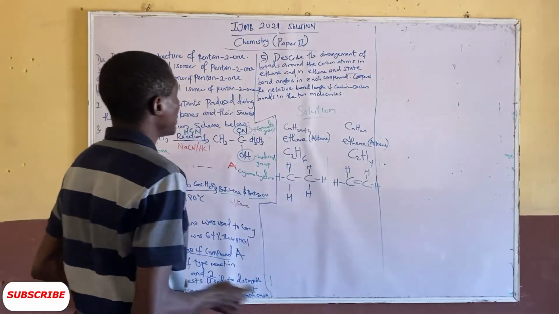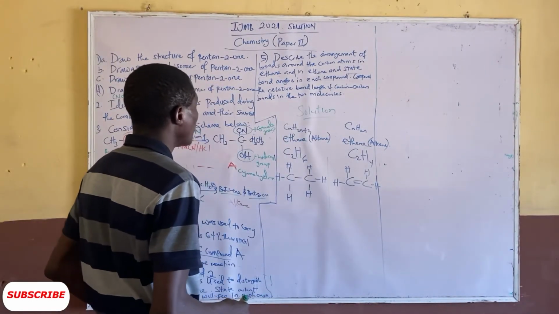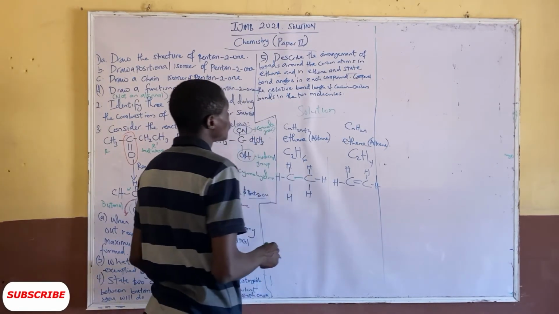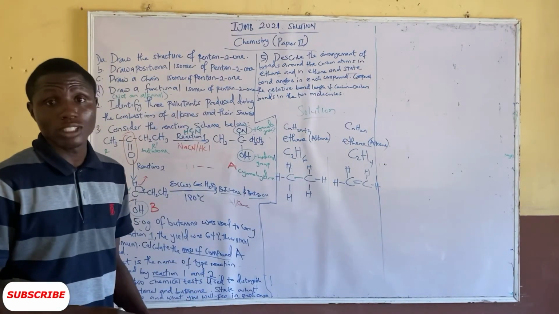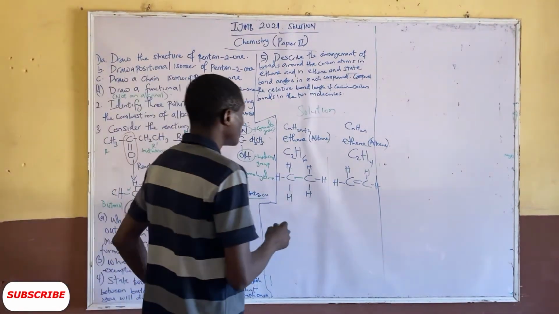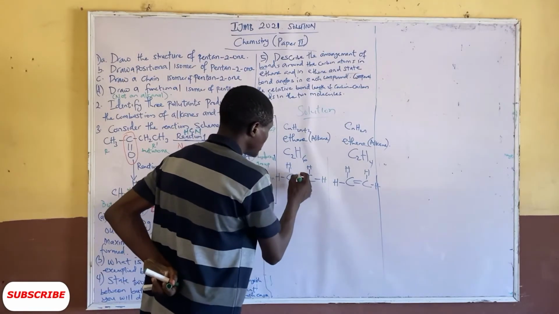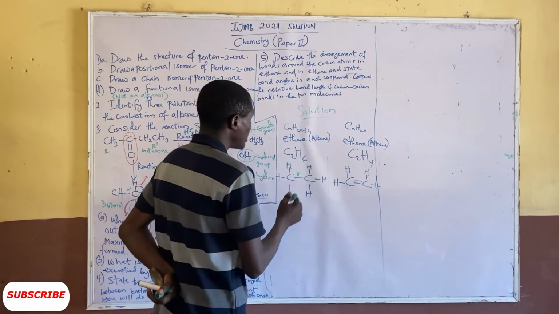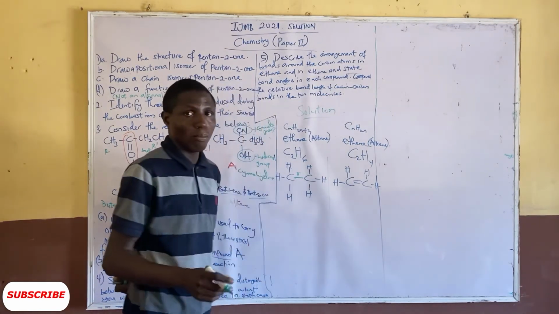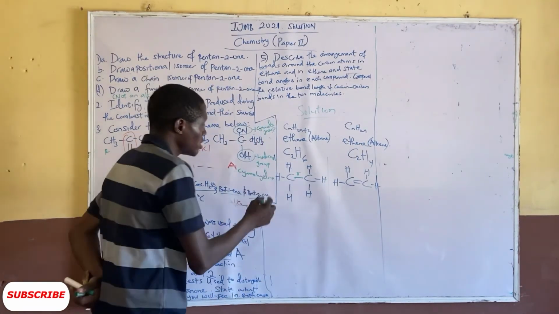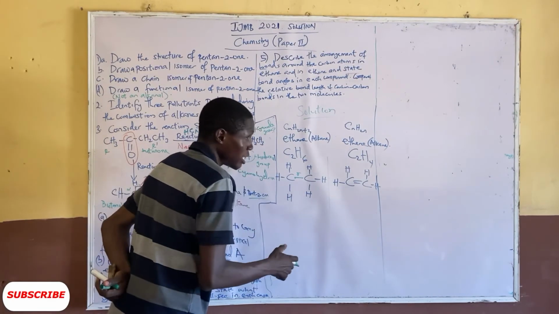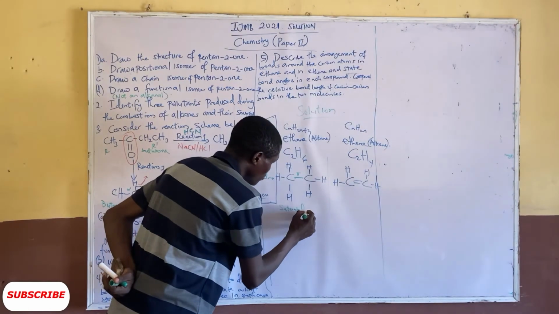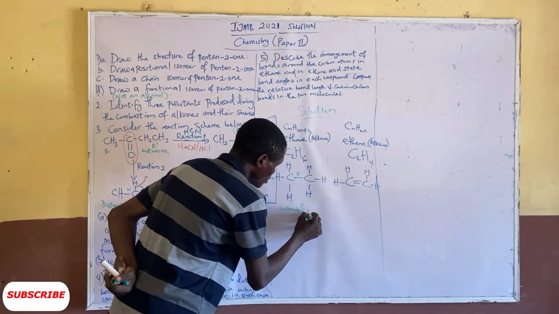Now, we are to describe the bonds around the carbon atoms. The bond around this carbon atom in ethane is a single bond, called a sigma bond. It is an sp3 bond.